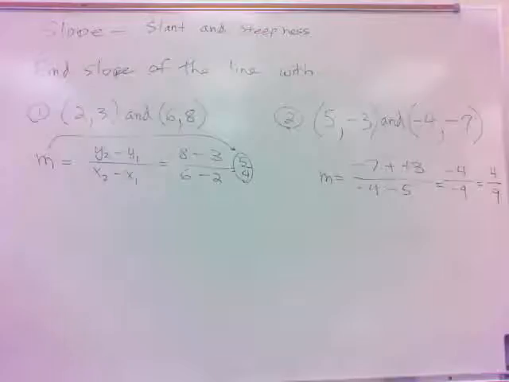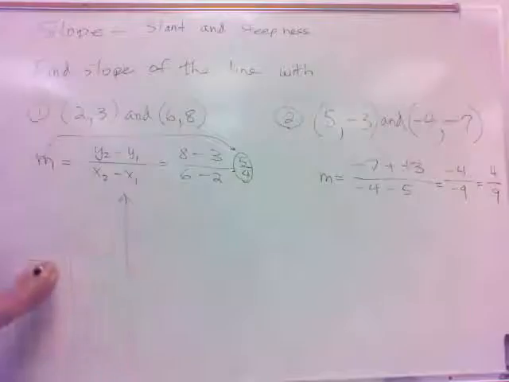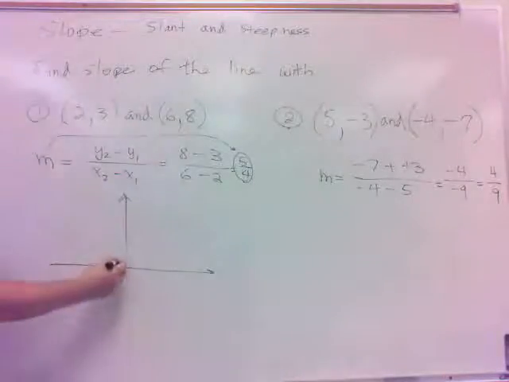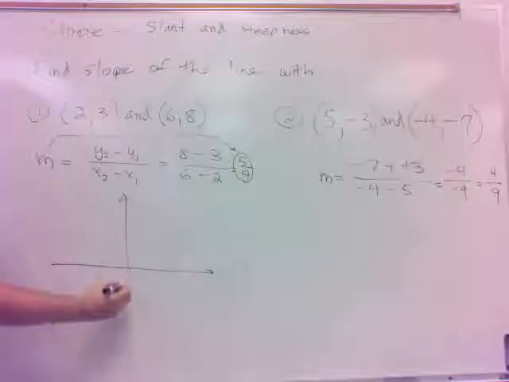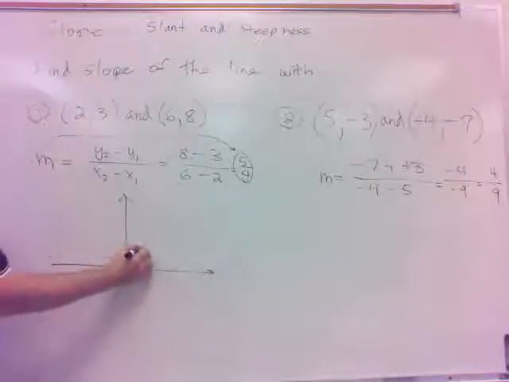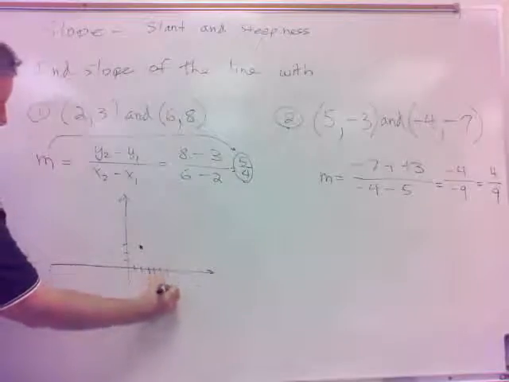But while I have them up here, let me go ahead and notice something about these. 2, 3, let's go ahead and plot these points. I don't know if they'll have you do this, but just to make a point. You got 2, 3, and then you got 6, 8.